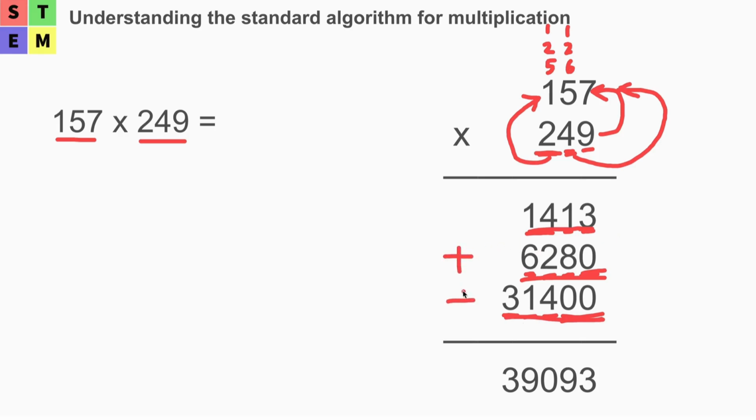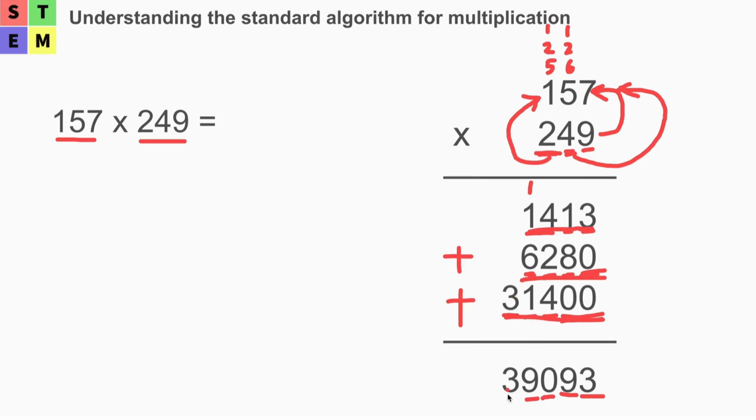So add them together. 3 plus 0 equals 3. 1 plus 8 equals 9. 4 plus 2 plus 4 equals 10. So we got 0 here, and we got 1 here, right? And then 1 plus 1 plus 6 plus 1 equals 9.